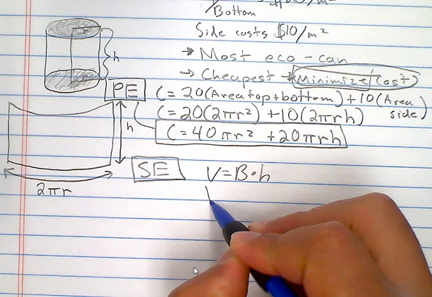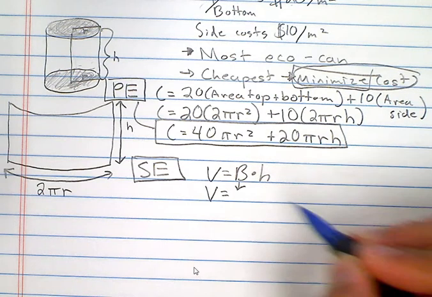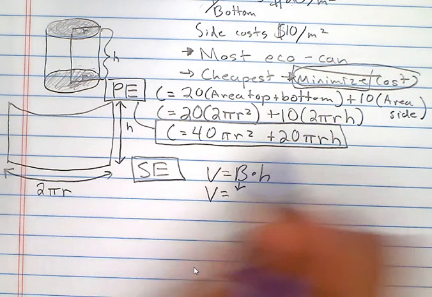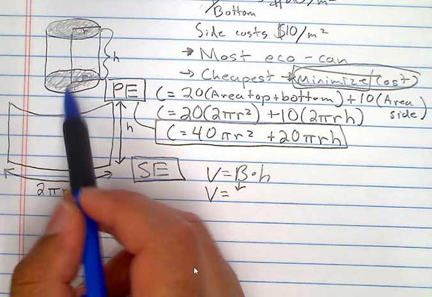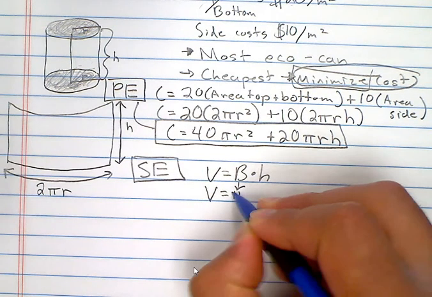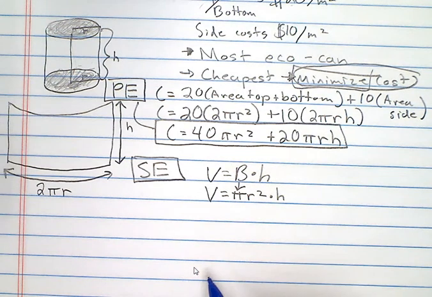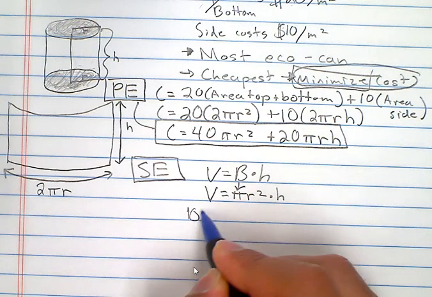So volume equals, what's the area of the base? Pi r squared times the height. Now what we're given is 100 pi for the volume. We know that. It's good.